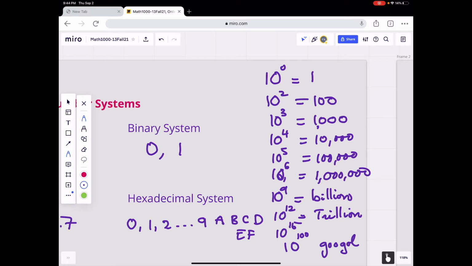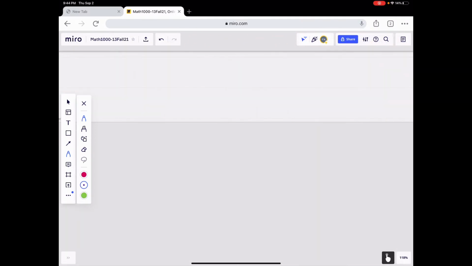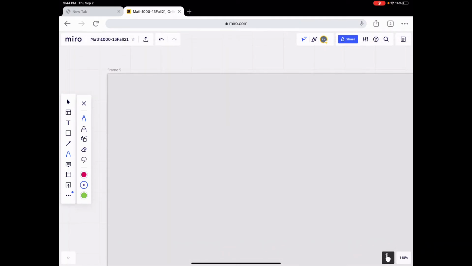Okay, so what would happen if you got, for example, 1,237, and this is a decimal number? Some people write it out like this. You want to expand it into powers of base equal 10.